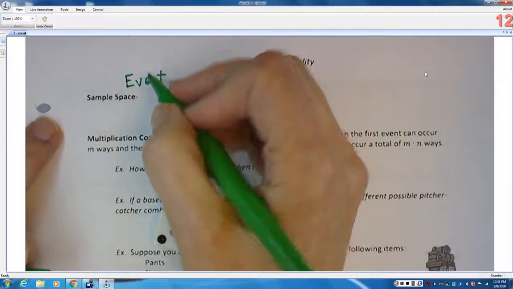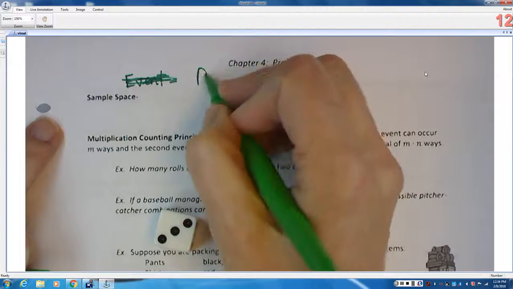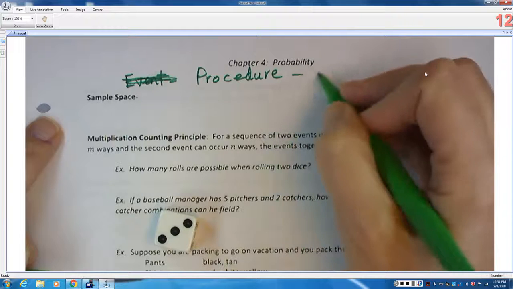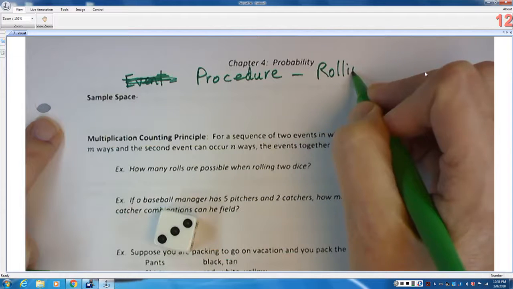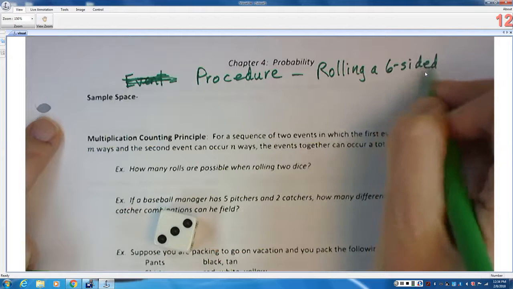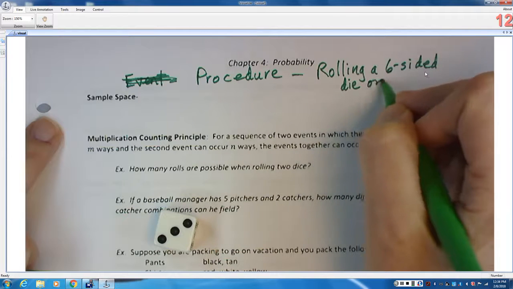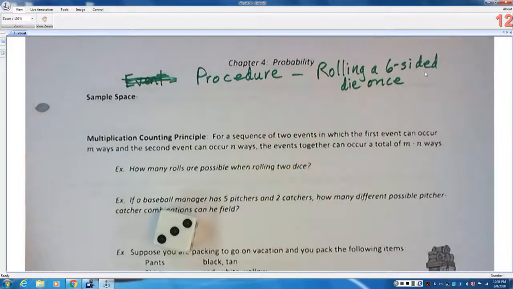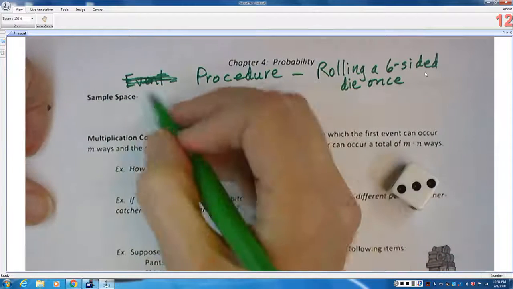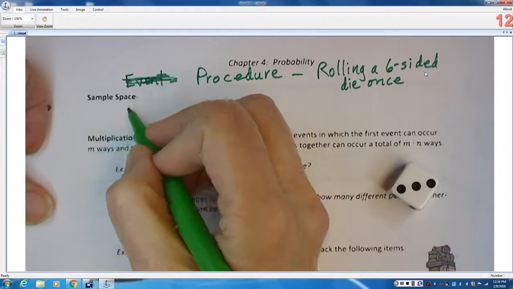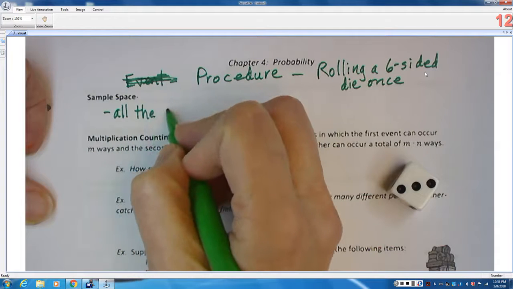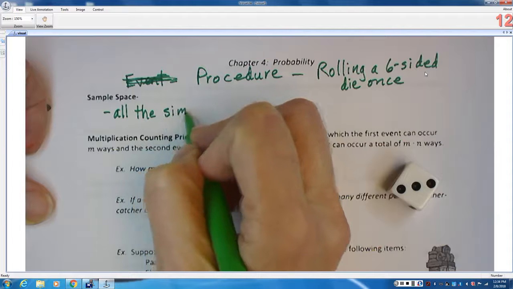A procedure is rolling a six-sided die once. And when we roll that die once, before we know what it landed on, the sample space is all the outcomes, or the simple outcomes.